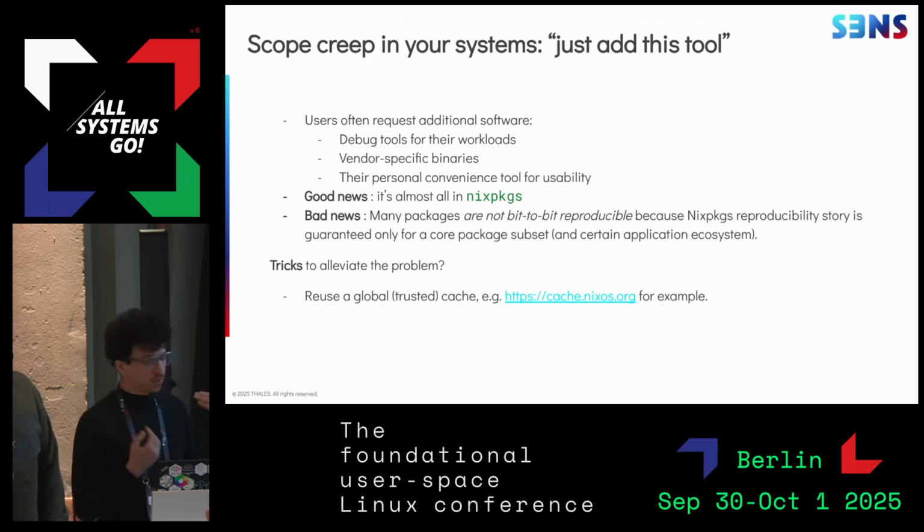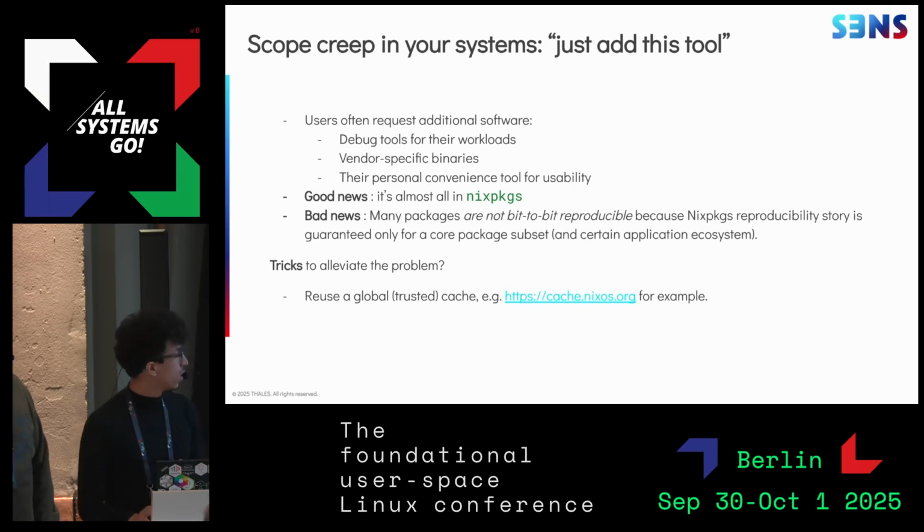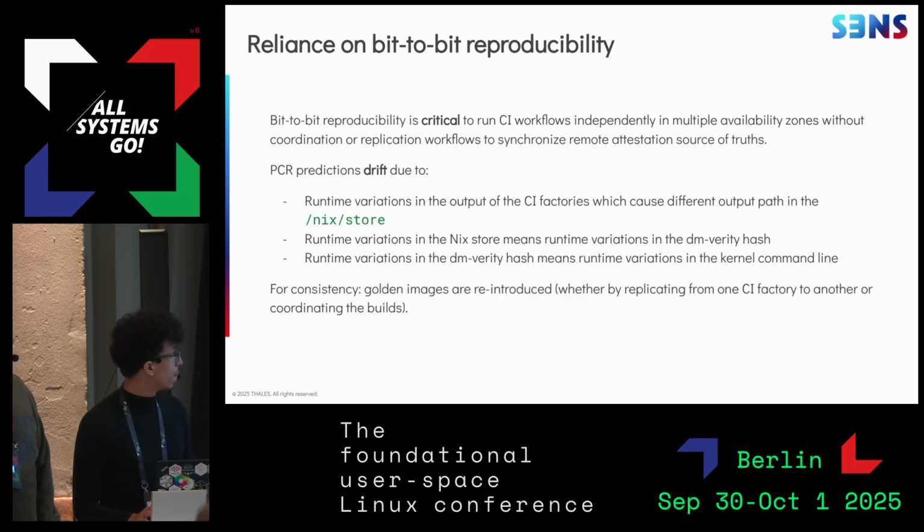So Gauthier touched on the idea: you can use a trusted third party that has built a source of truth, a golden package version, and you can just pull from there. And multiple organizations can pull from there. For example, that trusted party can be cache.nixos.org. So that's one solution. Another solution is just don't include that tool.